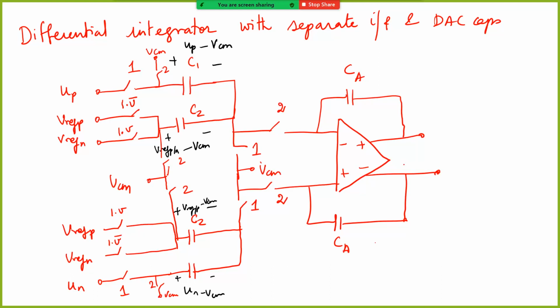So initially when, let's say, CA or one of these capacitors is going to get charged, it is the slew rate which is going to limit your performance. But once things come back to saturation, it is going to be the RC time constant which is going to control your settling behavior, right?